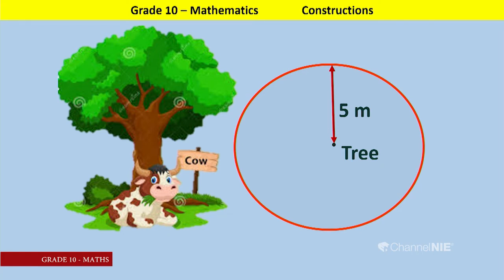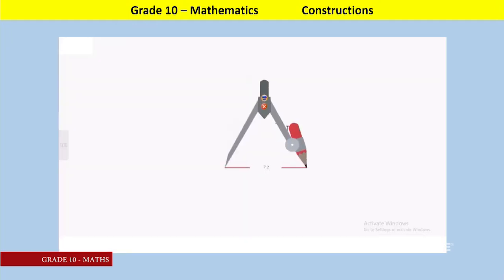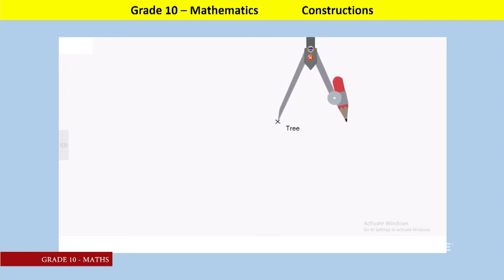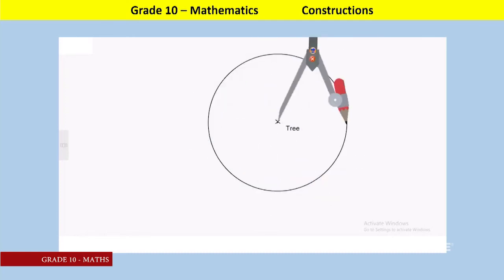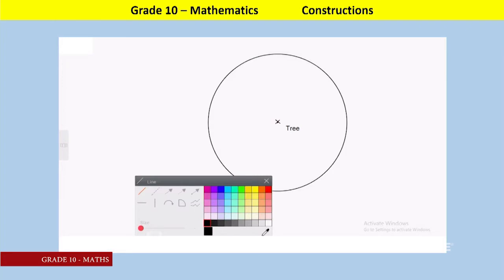Let's try this construction now. Get ready with your pencil, ruler and pair of compasses. Mark any point as tree. Keep the steel point on that point. You can take any radius because we can't take 5 meters, but remember to mark the radius.